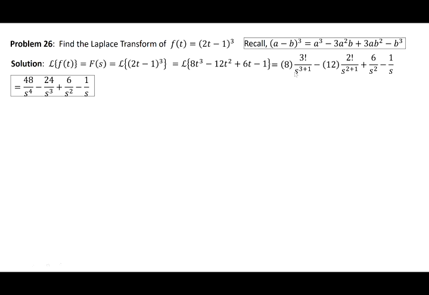Now, if, God forbid, I gave you something like, hey, what's the Laplace of t to the 20? And you say, aha, that's 20 factorial over s to the 20 plus 1. Do not go around figuring out exactly what 20 factorial is by hand.